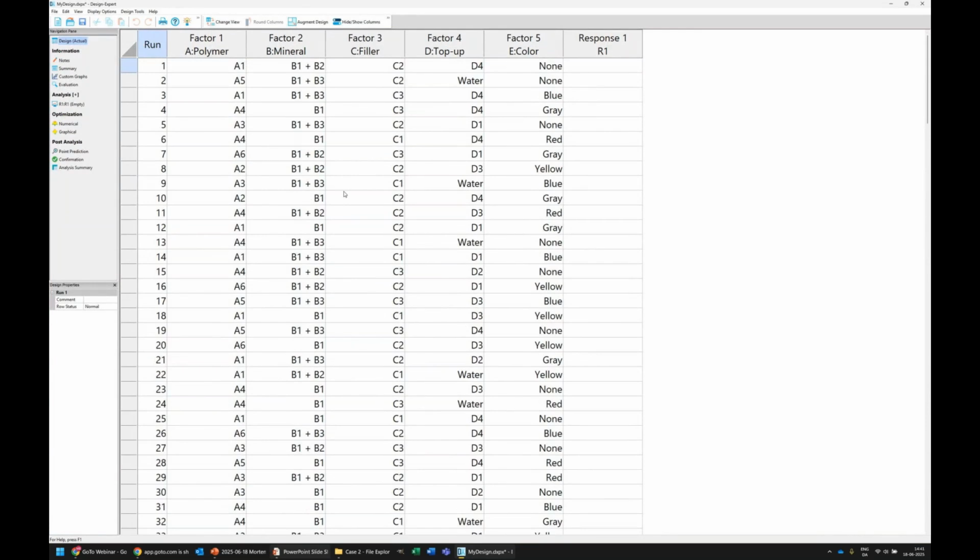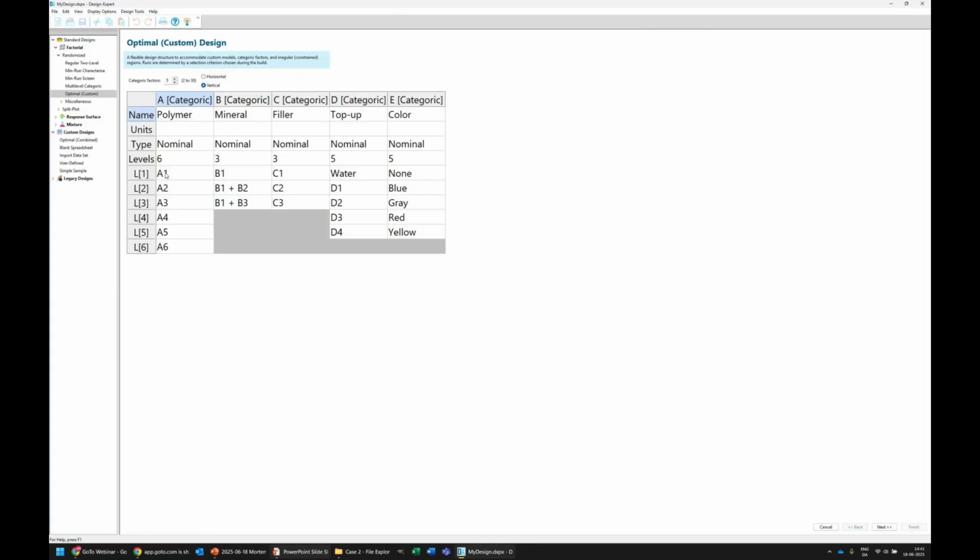Another option, of course, if you had known DOE at this stage, at the design phase, would be to question whether running 6 levels of the polymer is actually necessary. Maybe you could foreseeably identify 4 of them that you suspect are the most obvious candidates, and reduce the space a little bit.